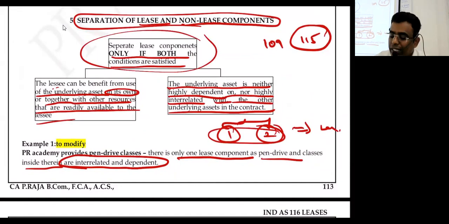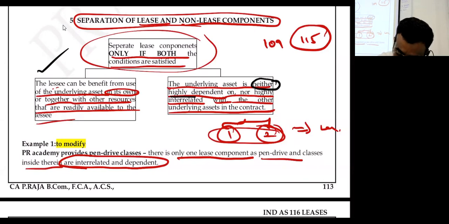Separate lease covenant only if both of the conditions are satisfied. Condition 1, absolutely no problem for anyone: the underlying asset is neither highly dependent. Maybe whatever the confusion will get clarified now. Underlying asset is neither highly dependent.